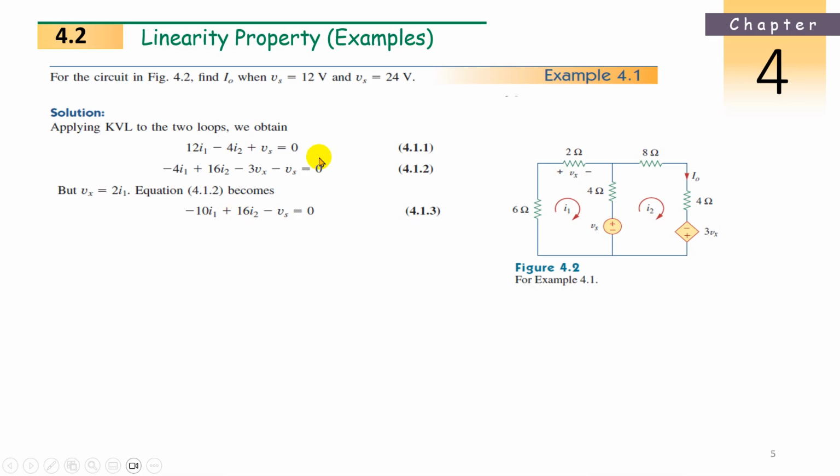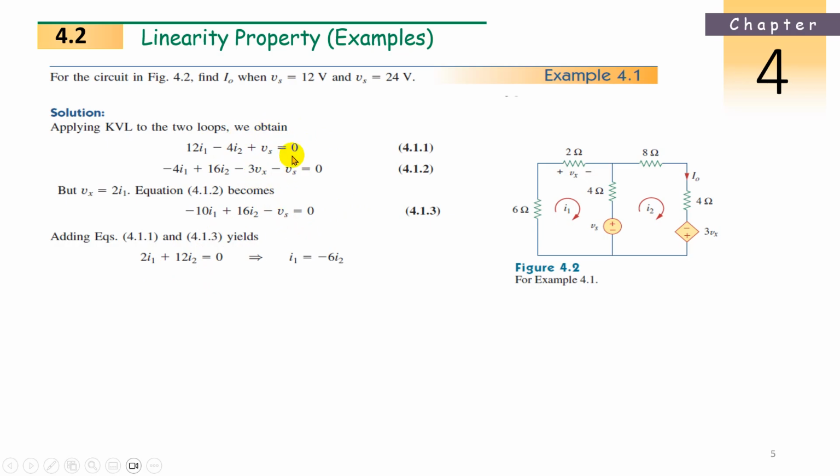So this is one equation, and this is the other equation. Unknowns are I1 and I2, right? Now plus Vs here and minus Vs there, so you can cancel these two.